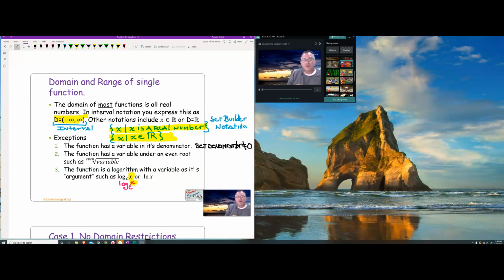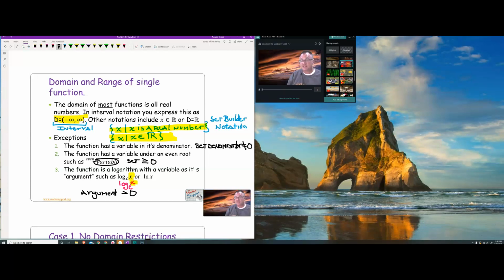If you have a variable under the radical, then you're going to set whatever this expression is greater than or equal to 0. All right? If you have a logarithm that has a variable in the argument, you're going to take whatever the argument is, and you're going to say it has to be greater than 0. No equal sign.